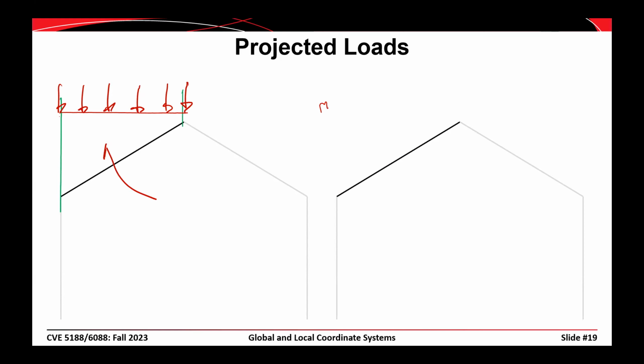So this would be projected, and over here would be the alternative where it's not projected. And that difference can be significant in some cases. And if you're familiar with snow loading, we usually apply the snow load to the projected length of the member and not the actual length.